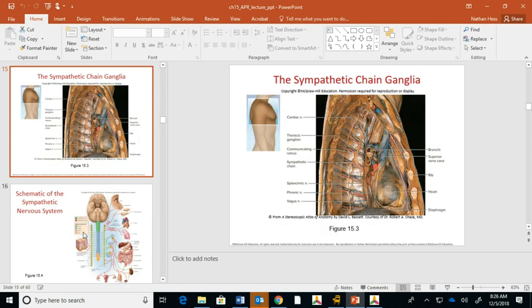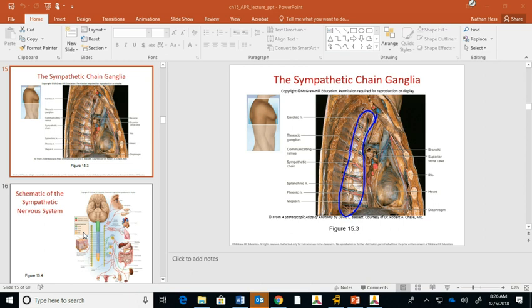And I think this is a great picture that shows this. This is on page 558. It's very nicely dissected. This is an actual human cadaver that you're seeing here. And this little line right here is the ganglionic chain. And it does kind of look like a chain, doesn't it?